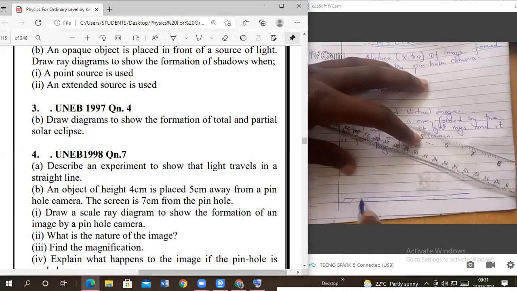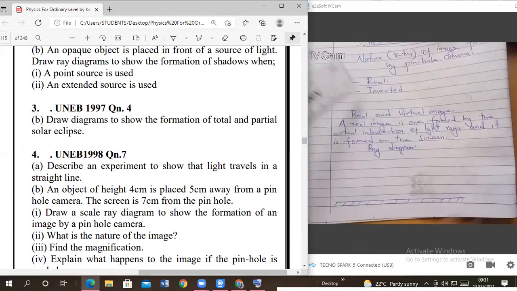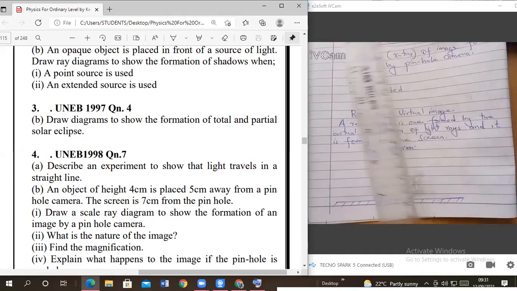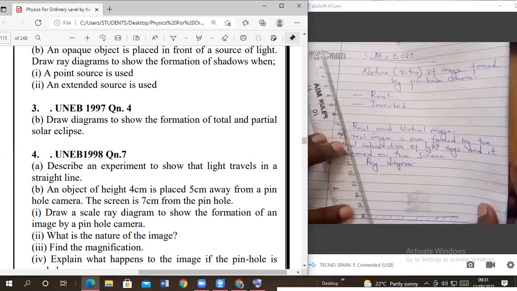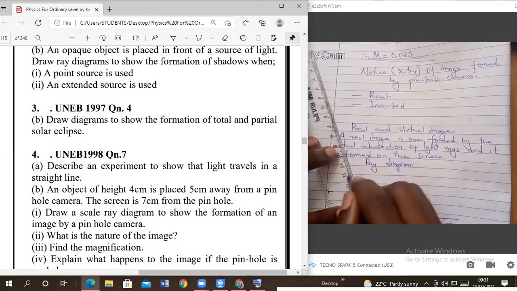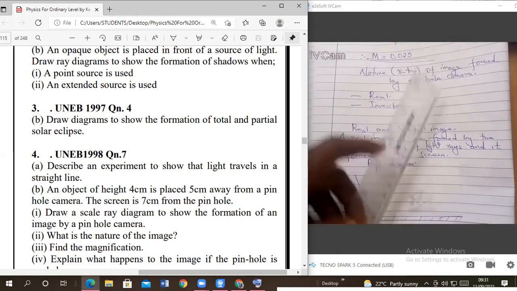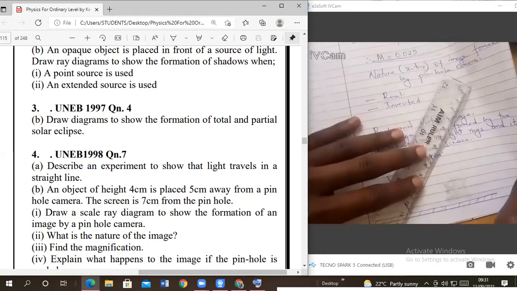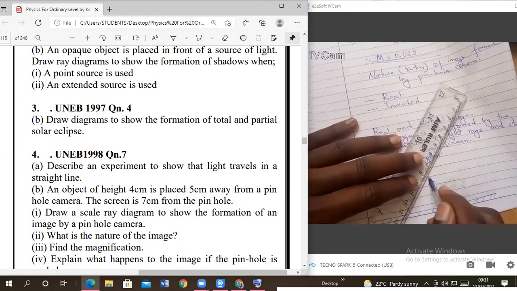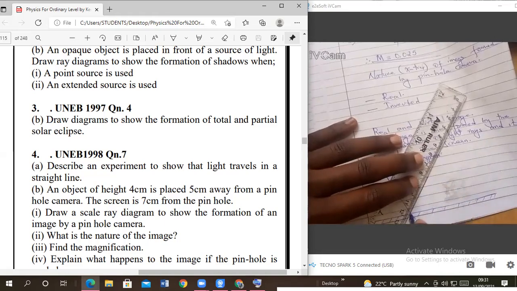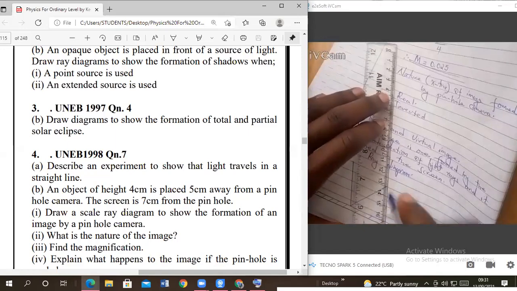If this is a reflecting surface, for example, a plane mirror, we have something here like this. It's reflected there.